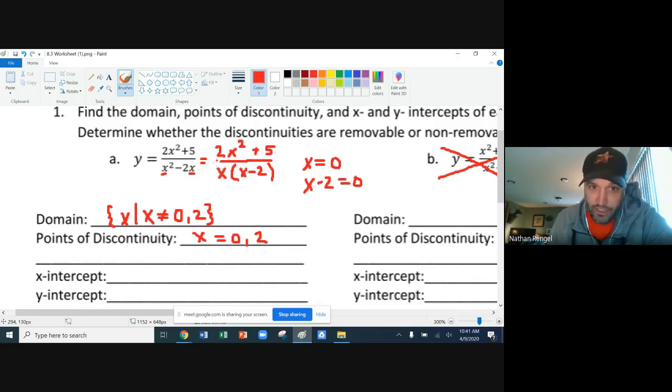Because if you have the same thing in your numerator and denominator of a fraction, they divide out, you can remove those. Also, I'd look for an x minus 2. Since I don't have anything that removes this x down here or this x minus 2, both of my points of discontinuity are non-removable. So 0 and 2 are non-removable.